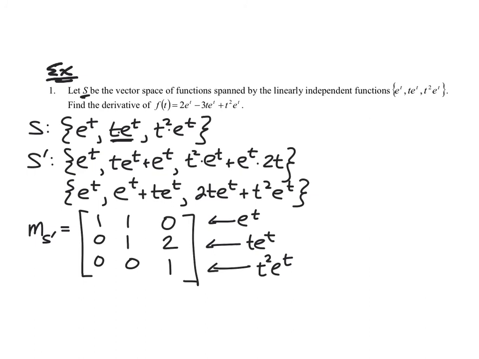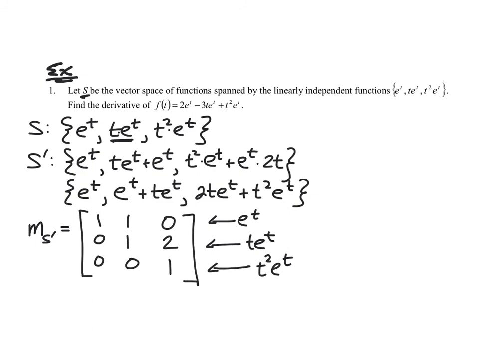Can you explain how to get column 3? Column 3. So we're looking at this entry here and comparing it to our basis. It does not have an e to the t. So for the e to the t component, it has a coefficient of 0 because there's no e to the t in there. So that's that one. Then for the t e to the t, that's present here with a coefficient of 2. So that's where that one comes from.